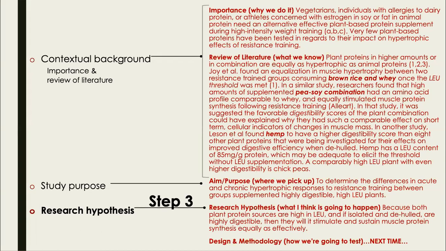So we want to come up with a research hypothesis, what we think is going to happen based on the literature we read. Because both plant protein sources are high in leucine, and if isolated and de-hulled they are highly digestible, then they will stimulate and sustain muscle protein synthesis equally as effectively.